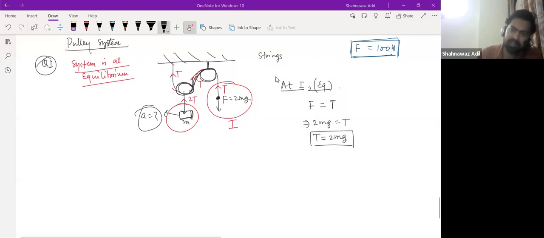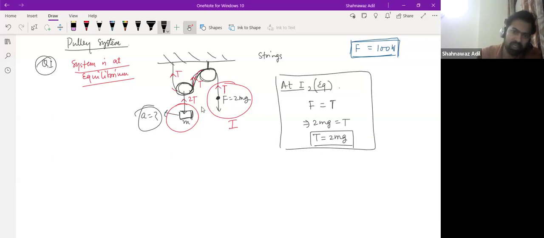Yes, so this is on this part. And then on this one, right? Because this thing is pulling it downwards. This string is going upwards, so this thing is pulling upwards. So we have acceleration upwards, right? Gravity downwards, tension upwards.